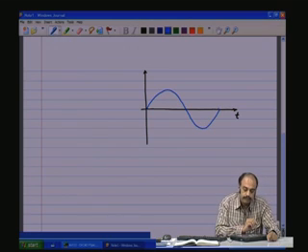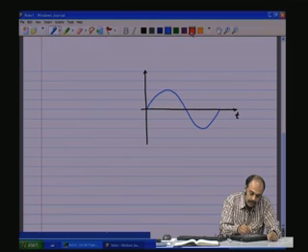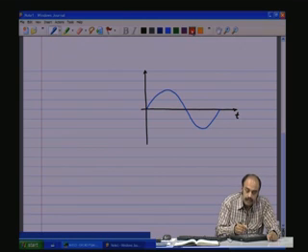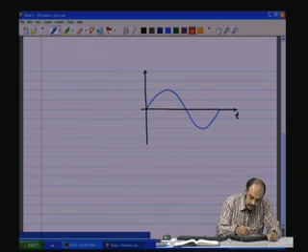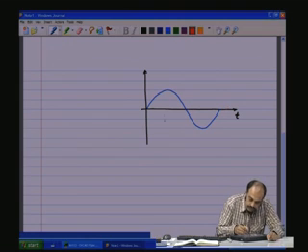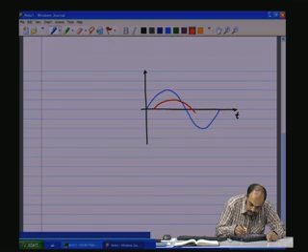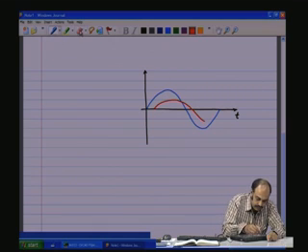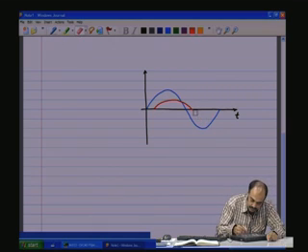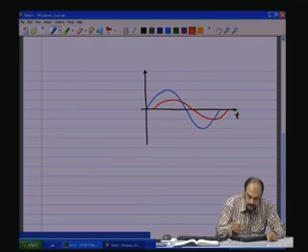shown in the blue line like that, and let there be another waveform, and let me put it phase shifted like that, and let me draw the sine wave, and the amplitude is also different. Sorry, it goes like that and here, and this can be extended like that.